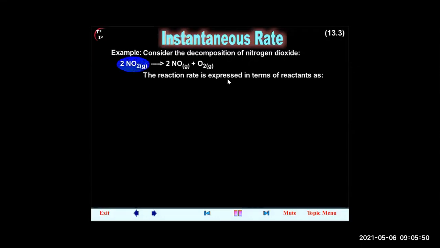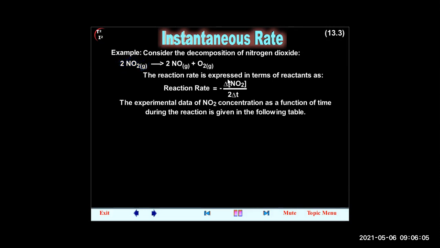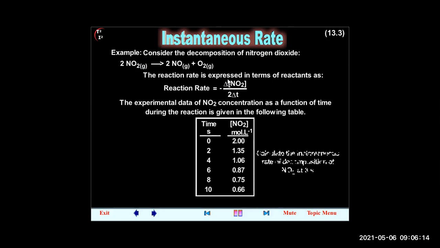The reaction rate is expressed in terms of reactants as reaction rate equals negative change in concentration of NO2 divided by 2 times delta T. The experimental data of NO2 concentration as a function of time during the reaction is given in the following table. Calculate the instantaneous rate of decomposition of NO2 at 3 seconds.